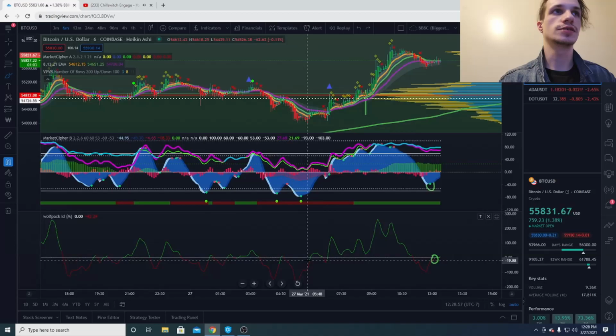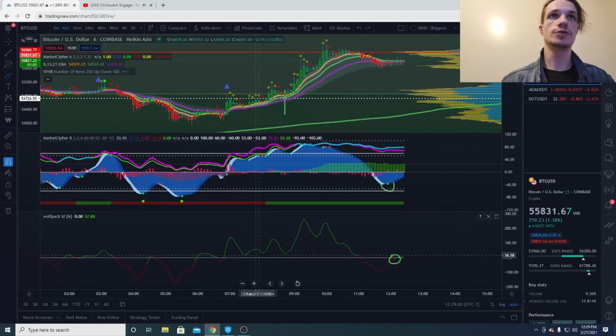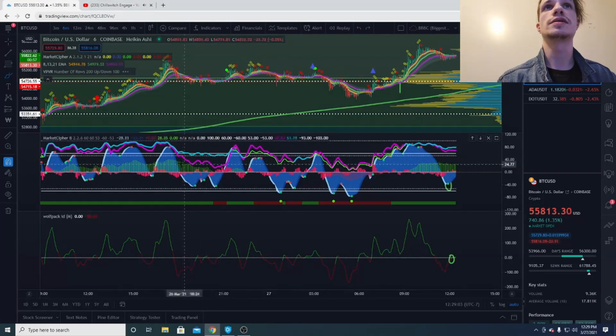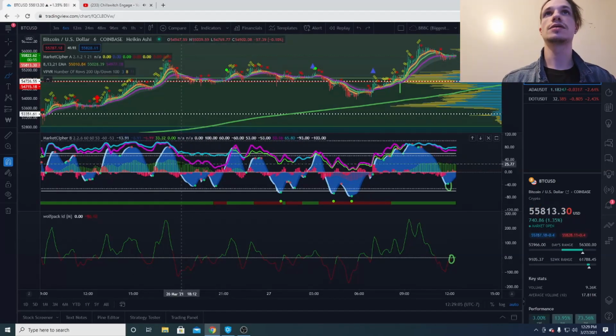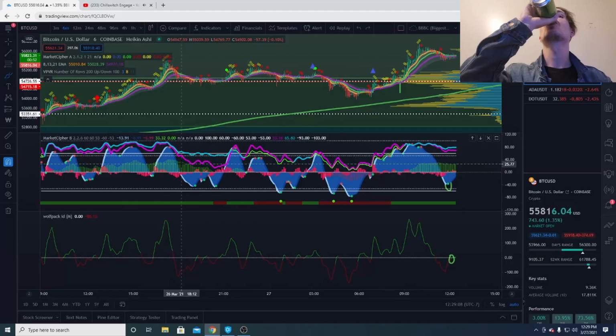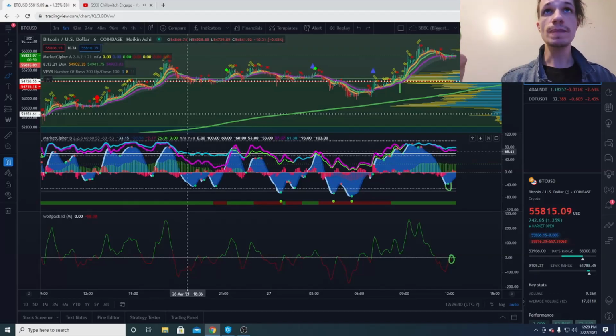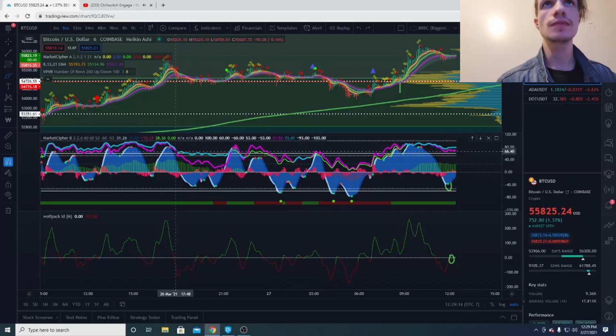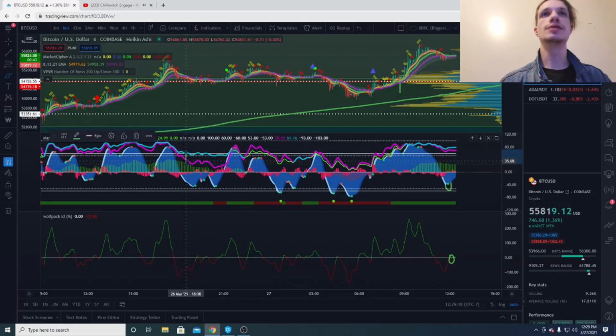Actually, a really good way to explain convergence and divergence is you could just look at your RSIs and your stochastics RSI. So, right here, it's converged. It is closer together, alright?